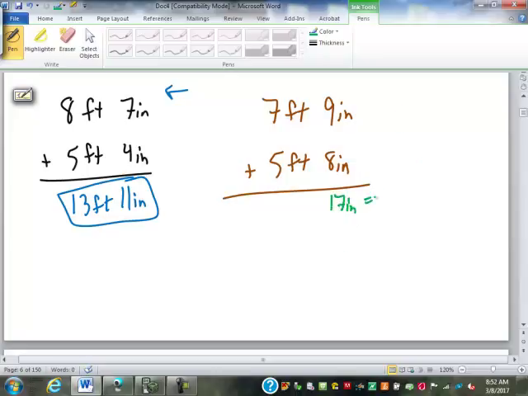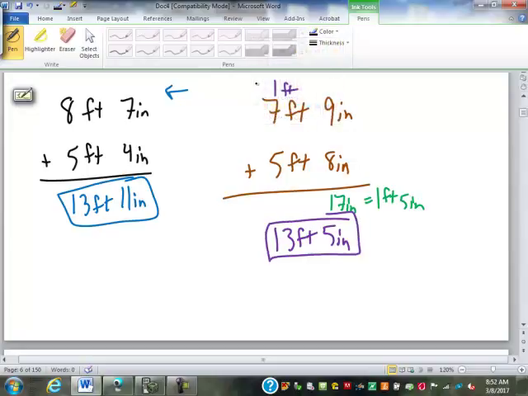But that is 1 foot and 5 inches. So we shall keep the 5 inches, carry the 1 foot. 1 and 7 makes 8, plus 5, 13 feet, 5 inches. That's not so bad.